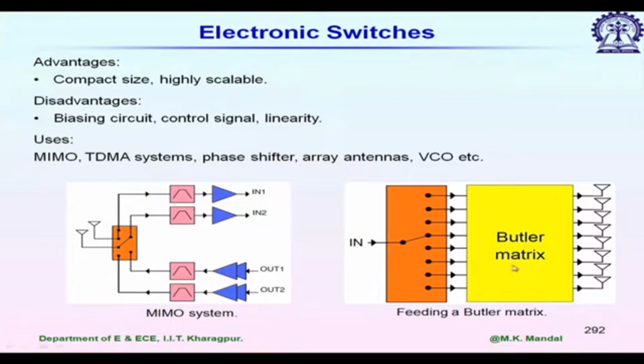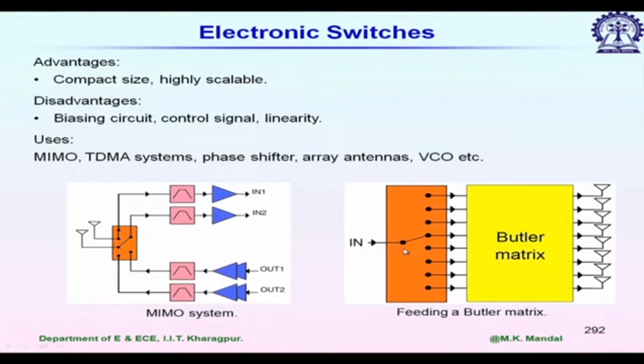So, we have 2^n input lines and 2^n output lines. Now, antennas are connected to all these output ports, and the RF input at a time is connected to one of these 2^n inputs by using a switch.